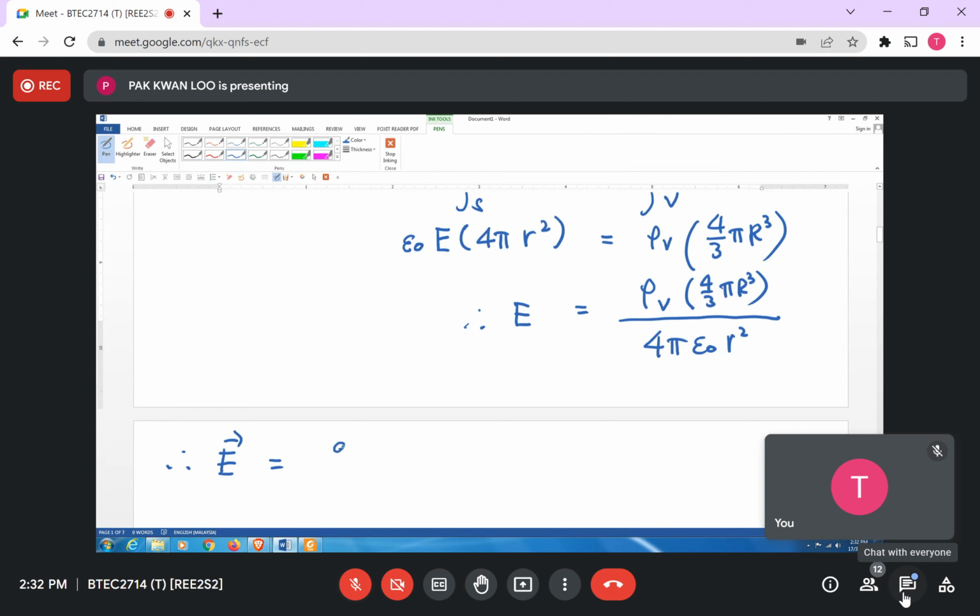So we have Q now, over 4 pi epsilon naught r squared.